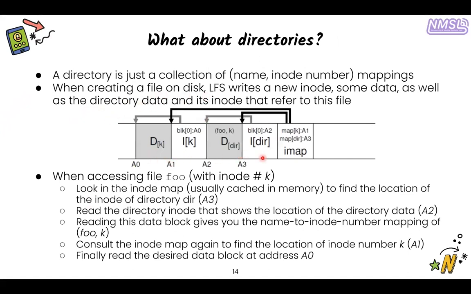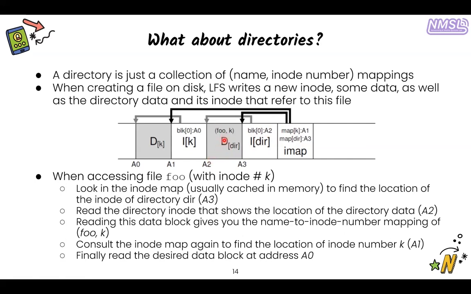Let's say the IMAP has an entry for the directory: the inode for the directory is at A3, so it has a pointer to here, and this says the actual directory is at A2, so you go here.